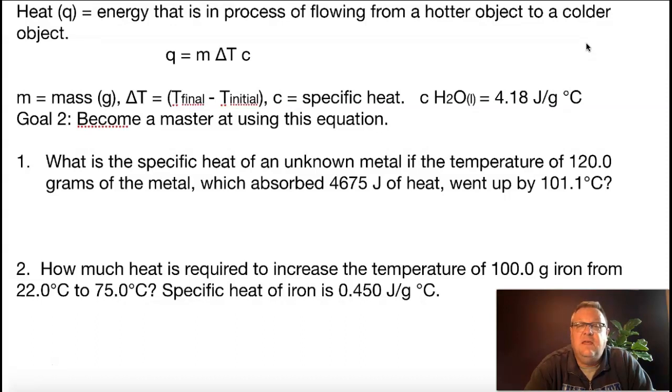What is the specific heat of an unknown metal if the temperature of 120 grams of the metal after absorbing 4,675 joules of heat went up by 101.1 degrees Celsius? All right, when I look at that, here's what I see. I see specific heat.